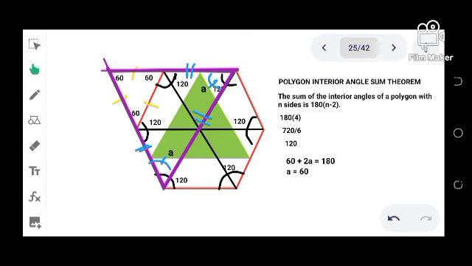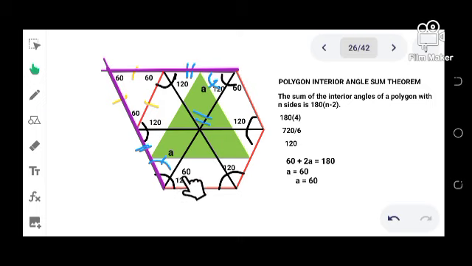Now, since the angles are now known to be 60, these angles are also 60 here, this one, that one, and likewise this one. Now, remember that this used to be 120 here. So we have this is 60 and this is 60.